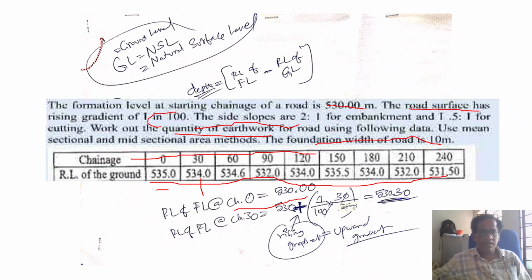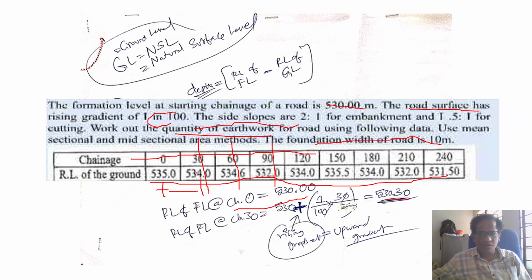The distance between the starting station and the next station is obviously 30 meters. So 530 plus 1 by 100 into 30 gives 530.3. This is the formation level at chainage 30. When it comes to chainage 60, that is the third station, it is 530 plus 0.6. When it comes to 90, 530 plus 0.9. So that is the true meaning of this rising gradient 1 in 100.